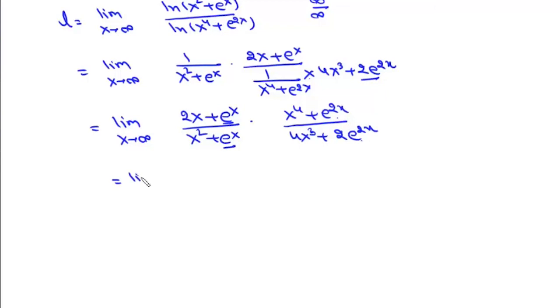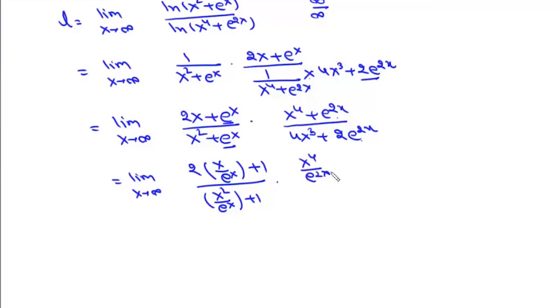So we can write this as limit x tends to infinity, 2x upon e to the power x plus 1, x square upon e to the power x plus 1, and here it will be x to the power 4 upon e to the power 2x plus 1, and this is 4x cube upon e to the power 2x plus 2.